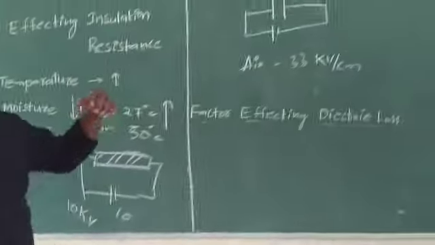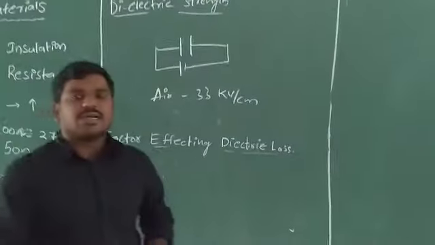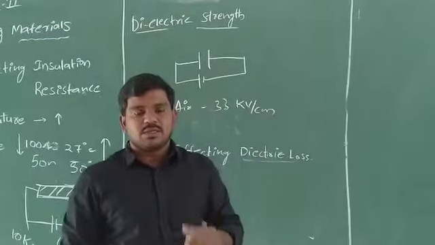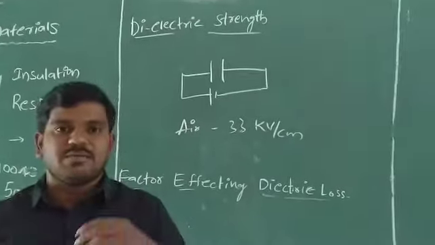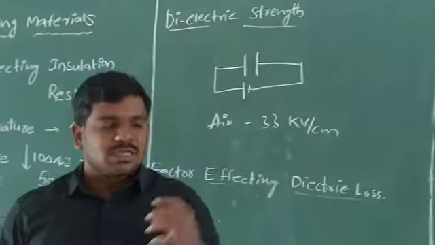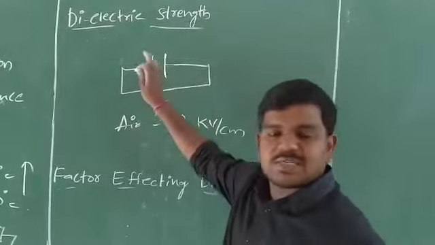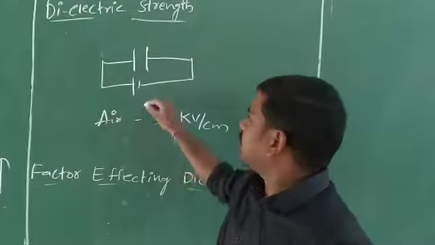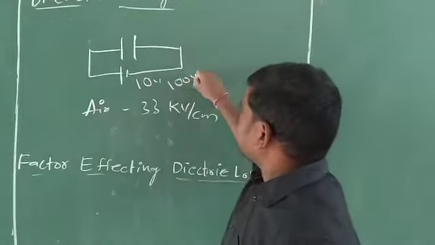Next thing, we are going to see dielectric strength. Normally, what is dielectric strength? Every material, insulating materials, conducting materials, semiconductor materials, is subjected to some voltage. Let's take this is a dielectric material, and we are applying some 10 volts, some 100 volts.